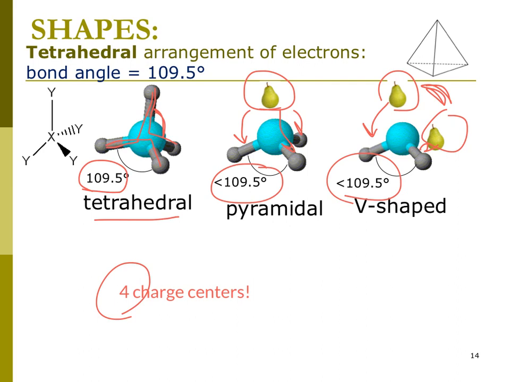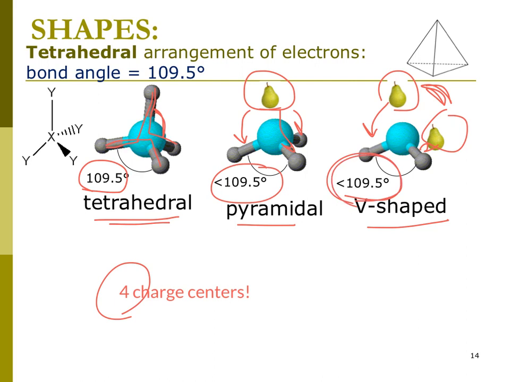You may recall that we used these three shapes earlier when we looked at the exact bond angles, and we saw tetrahedral was 109.5, pyramidal was 107, and the V shape or bent shape was 104.5. Again, you don't have to necessarily memorize those numbers.